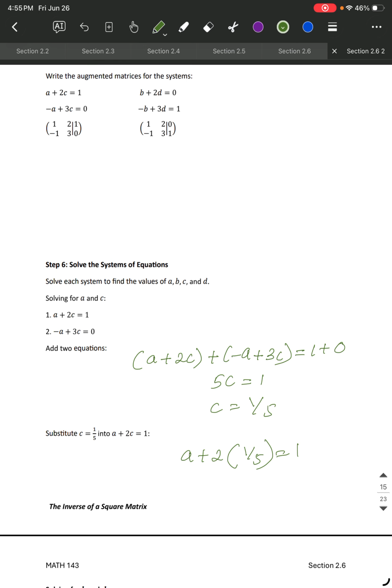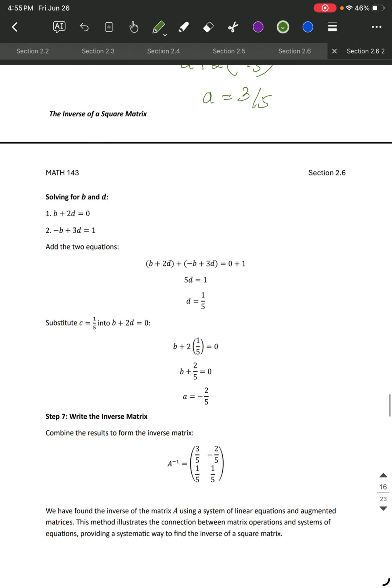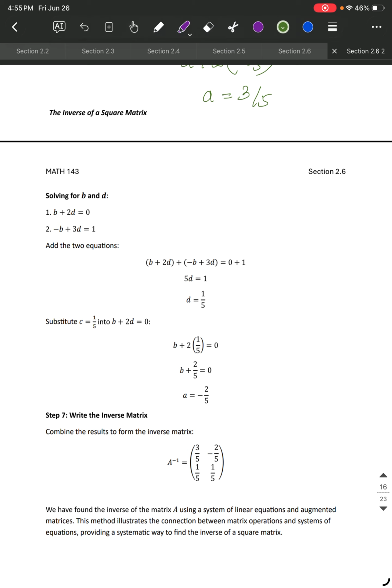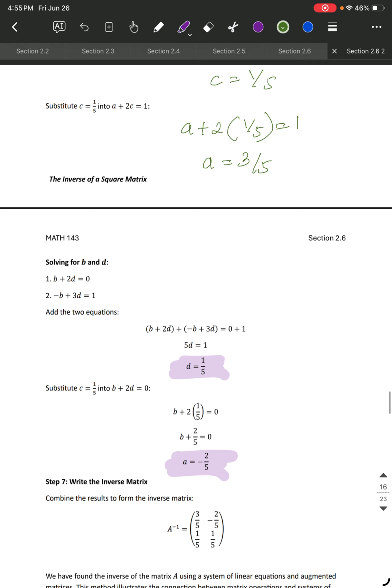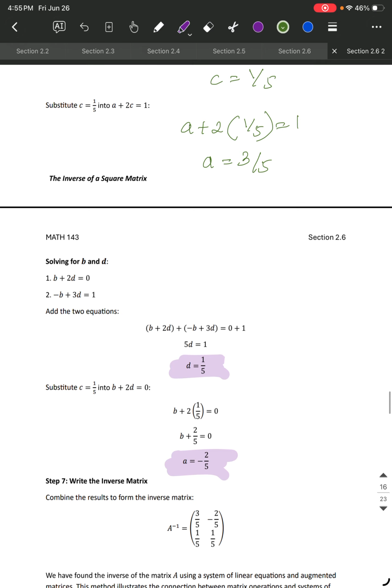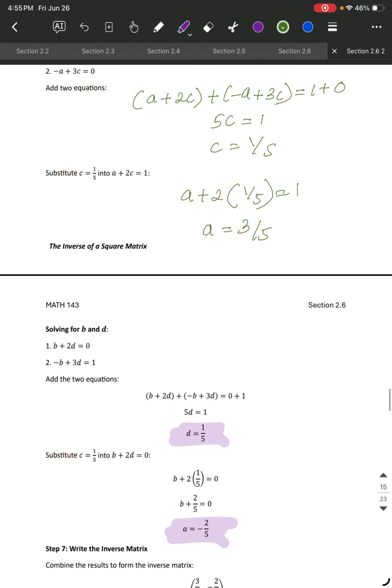Check the steps given here and you can get the values. So the A inverse, we can get the D here, A here, C here, and get the B also.